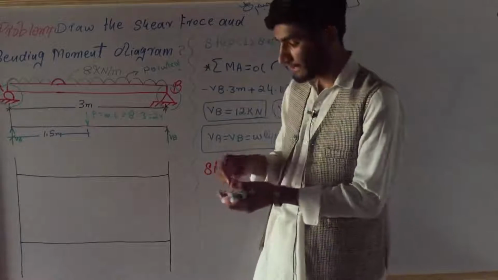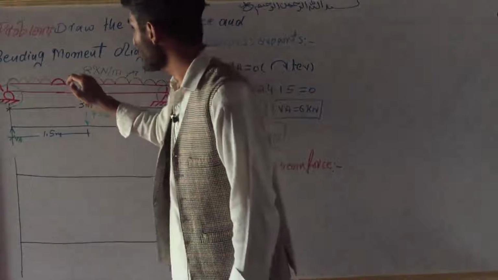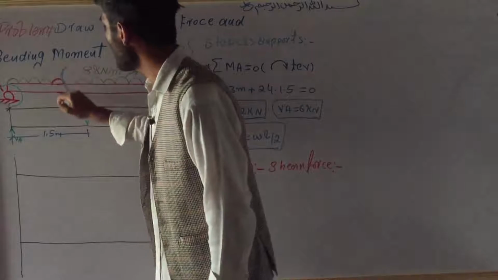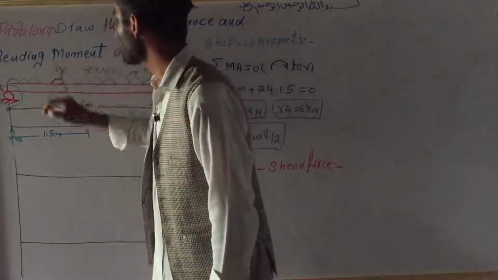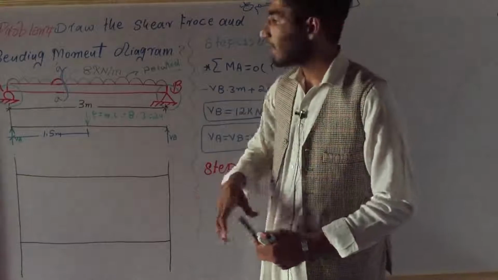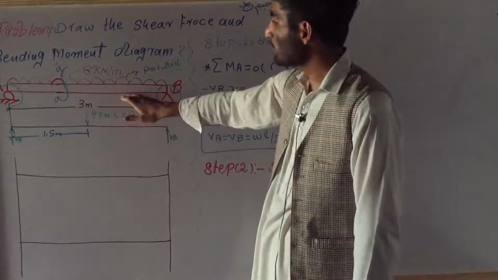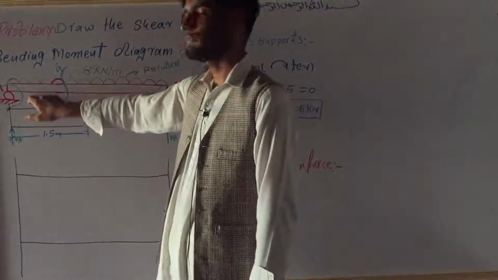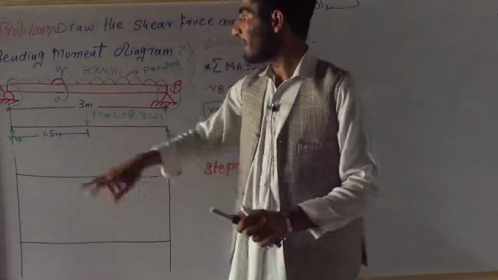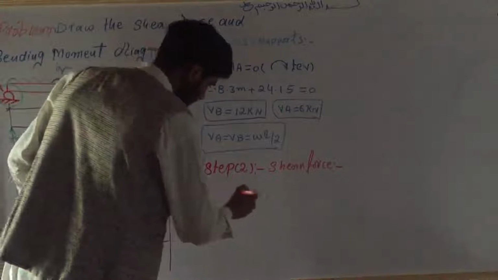So I want to take a section in this beam here, section A and A bar. If you want to calculate shear force along this beam, you can calculate it in this part of the beam or in this part, and both have the same answer. So I draw this section here.